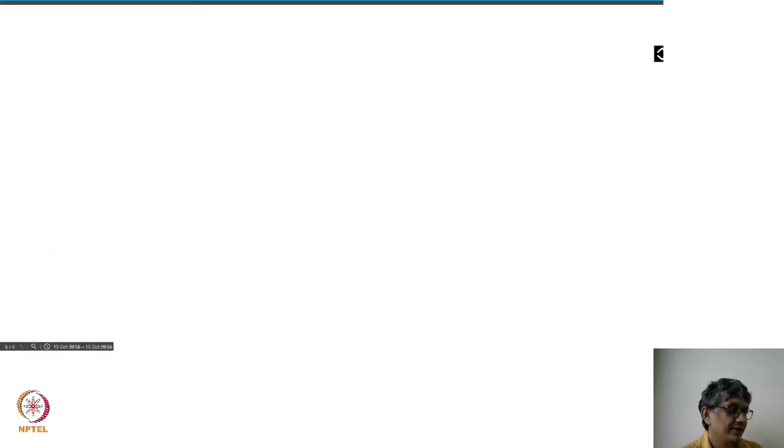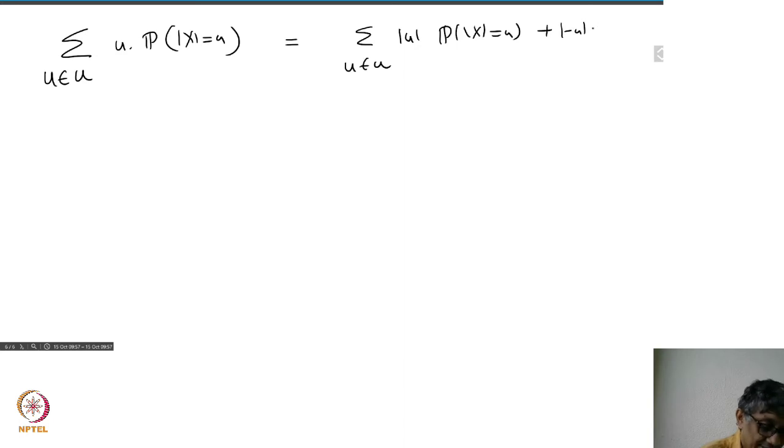You write the following: the sum over u in U of u times probability mod x equal to u. On this side, by the double star, that's the sum over u in U of mod u times probability x equal to u plus mod minus u times probability x equal to minus u.